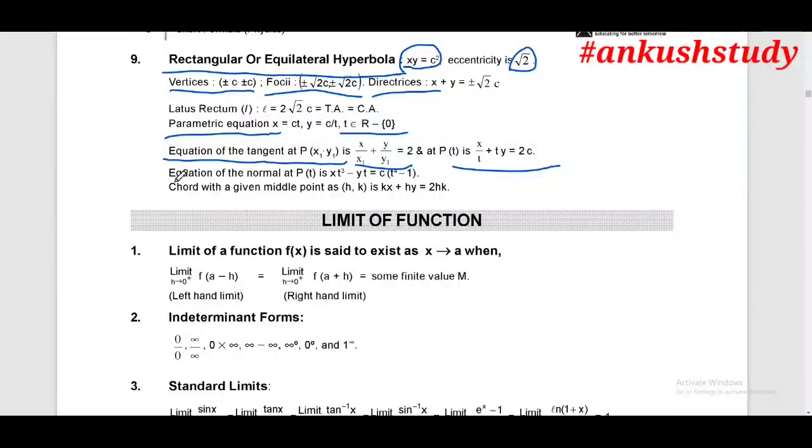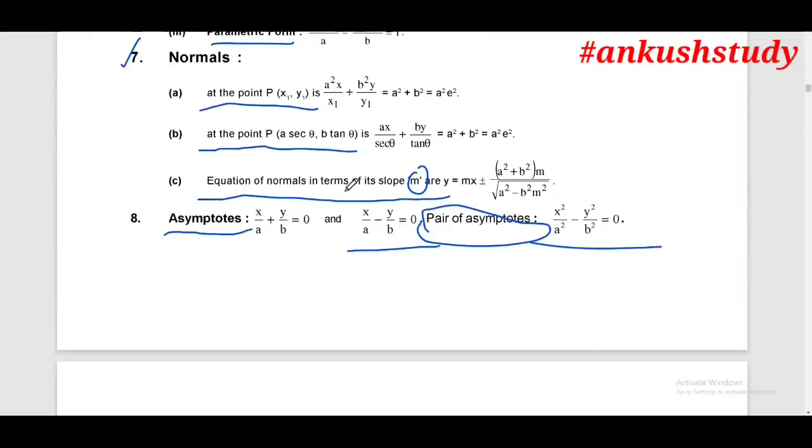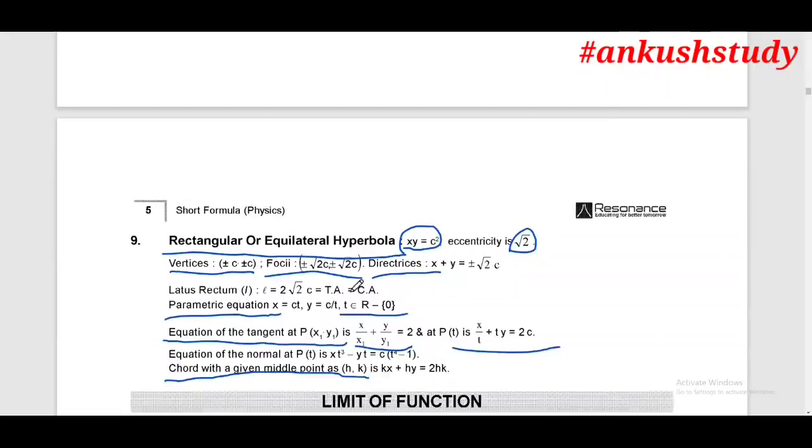Equation of the normal at P t is xt cubed minus yt is equal to c (t to the fourth minus 1), and the chord with a given midpoint h comma k is kx plus hy is equal to 2hk. Okay, so these are the formulas of the chapter hyperbola, which are very important.